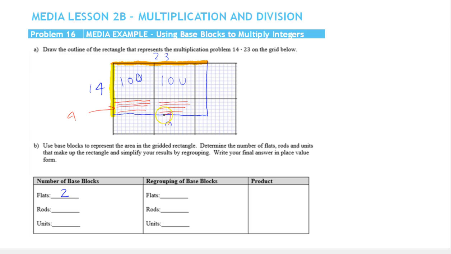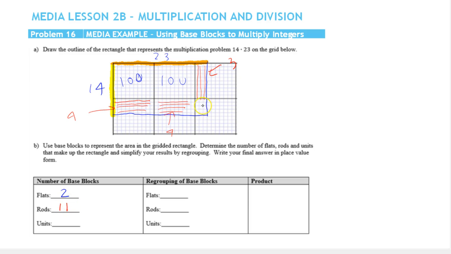So that's 4 and 4. These ones, we don't have complete rods here, so we're going to count these as units later. But up here we have some rods. We have 1, 2, 3 rods. So the total number of rods we have is 4, 4, and 3. So that's 8, 9, 10, 11.